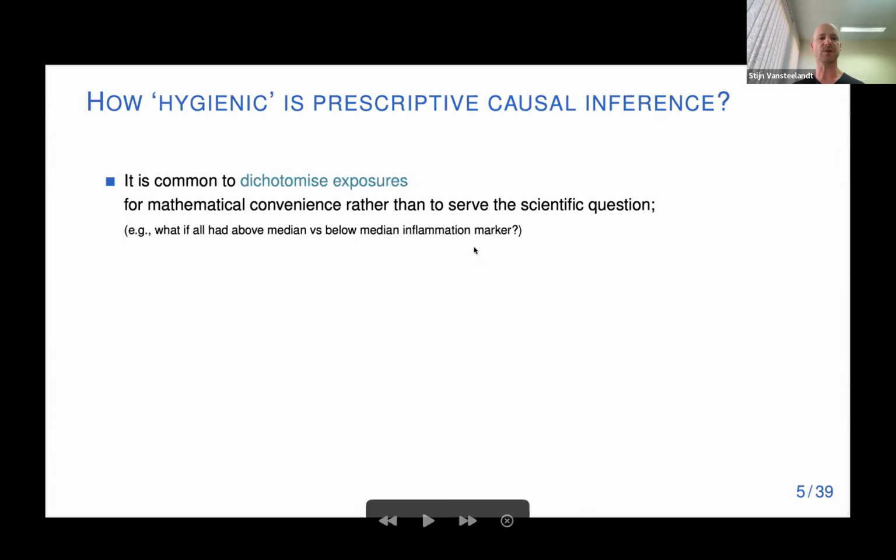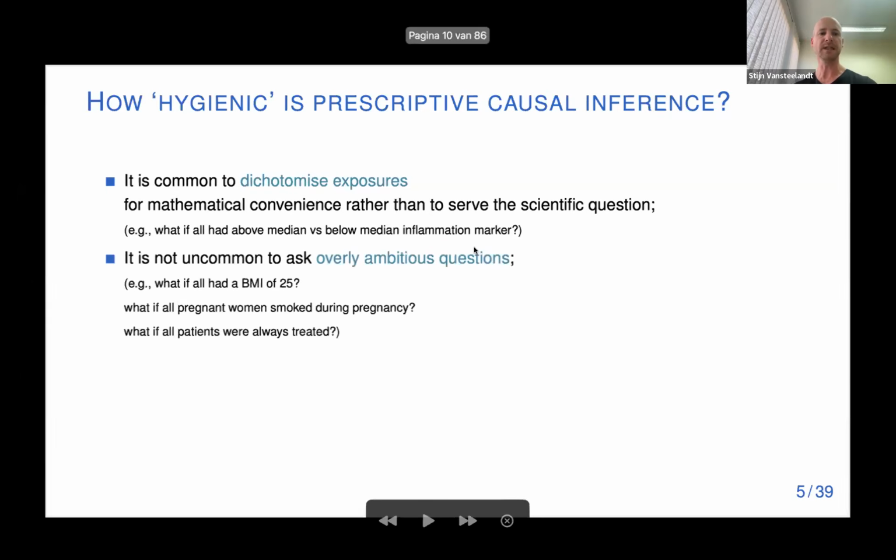For instance, we might focus on what if all individuals in the study had above median versus below median inflammation markers. It's also not uncommon to end up asking overly ambitious questions like, what if everyone had a BMI of 25? What if all pregnant women smoke during pregnancy, which again may be a bit remote from the real world?